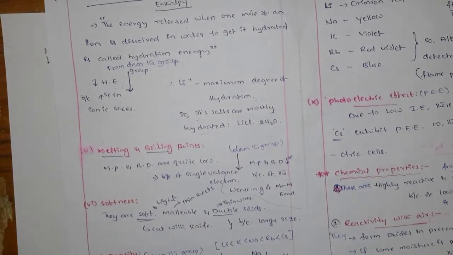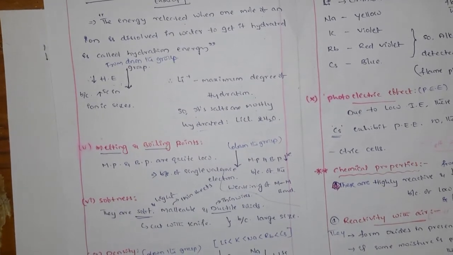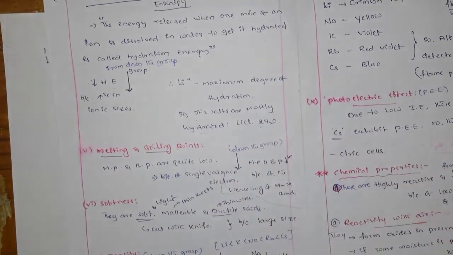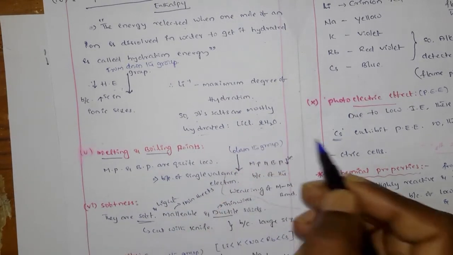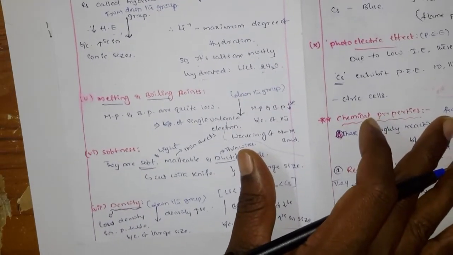Because of that small size, these salts are also available in nature in the hydrated form. హైడ్రేటెడ్ ఫామ్ అంటే ఏంటి, దాంతో పాటుగా ఇంకా కొన్ని వాటర్ మాలిక్యూల్స్ అనేవి కంబైన్ అయి ఉంటాయి అన్నమాట. ఓకే, సో ఎందుకు, బికాజ్ ద అట్రాక్షన్స్ బిట్వీన్ ద లిథియం అండ్ వాటర్ ఈస్ ఎ లిటిల్ బిట్ స్ట్రాంగర్, సో దట్ దే కెనాట్ లీవ్ దట్ మచ్ ఈజీలీ. Okay, this is all about the hydration energy.